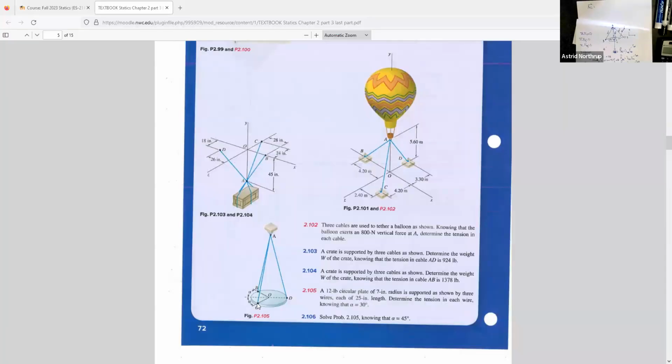Okay, so C to A in the I direction is positive, isn't it? So C to A in the I direction is positive. In the J direction, it is also positive. And in the K direction, it's coming out of the page, so it is also positive.